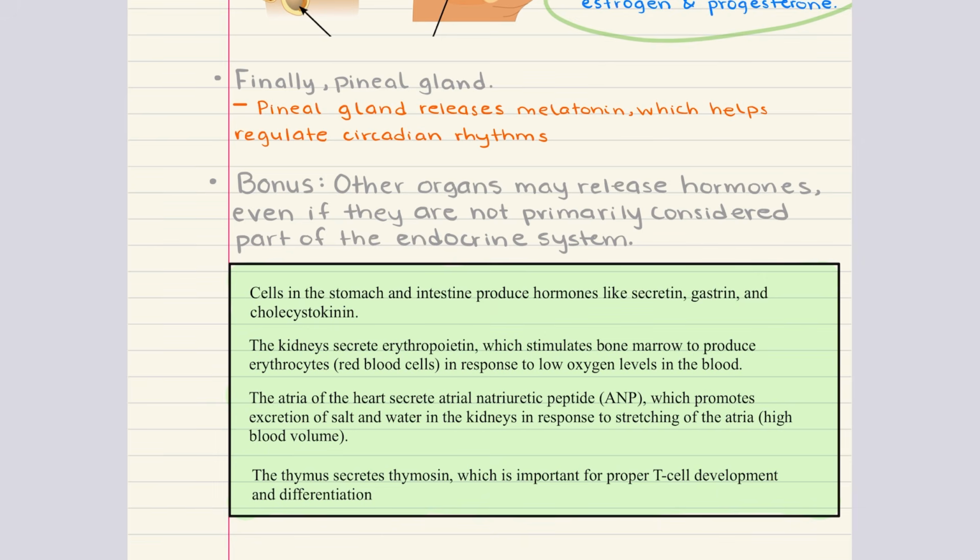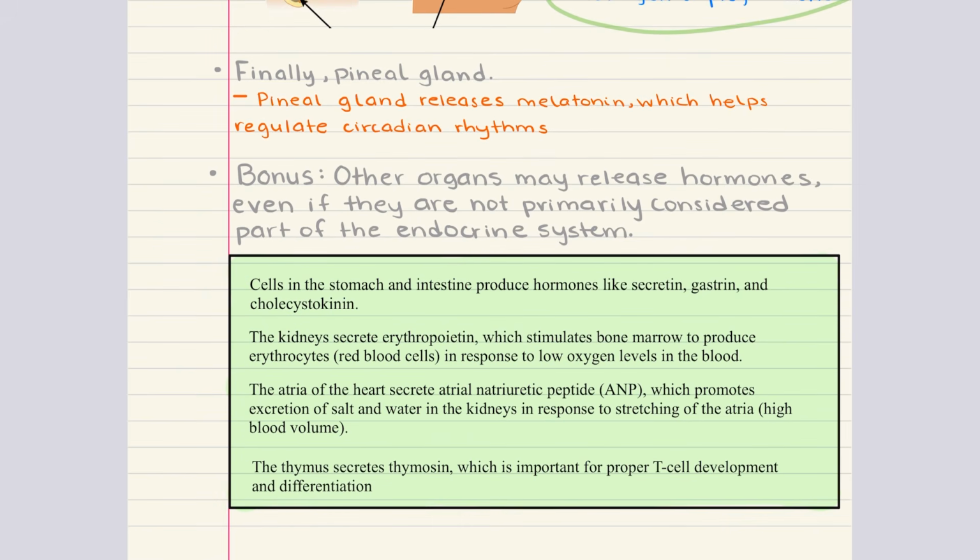Now, as a final note, even though we focused on all of the major glands of the endocrine system, it's still important to recognize that many other organs in the body also release hormones, even if they aren't traditionally labeled as endocrine glands. So let's walk through some honorable mentions.